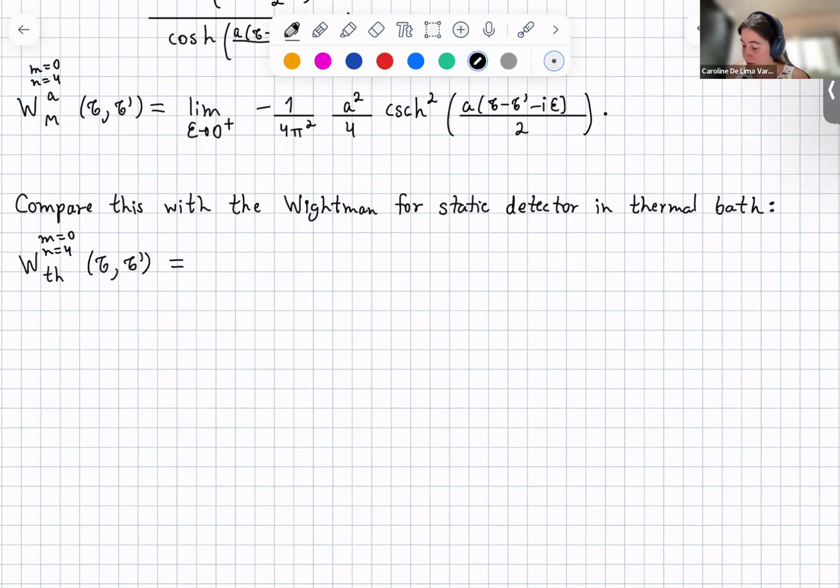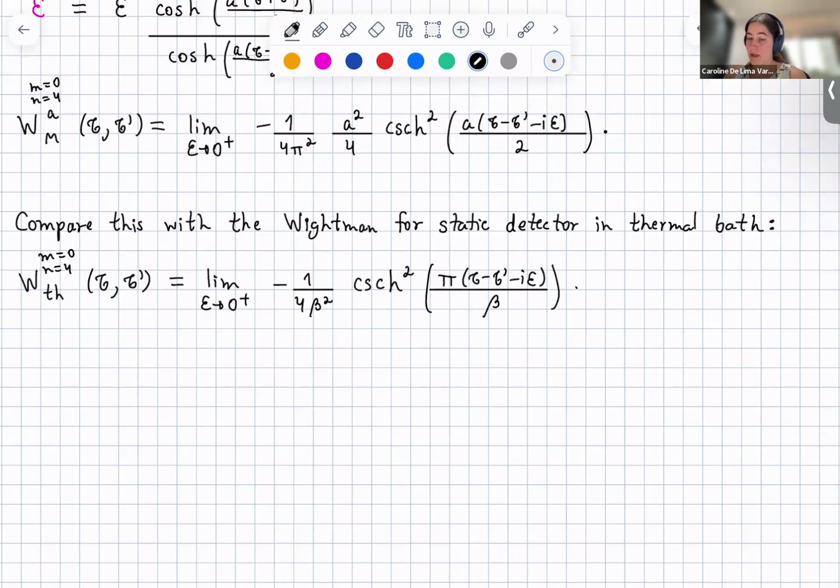I forgot to write the arguments. We found that u was the limit of epsilon going to 0 of minus 1 over 4 beta squared times cosh squared of pi times (tau minus tau prime minus i epsilon) over beta, right? That's what we found before.